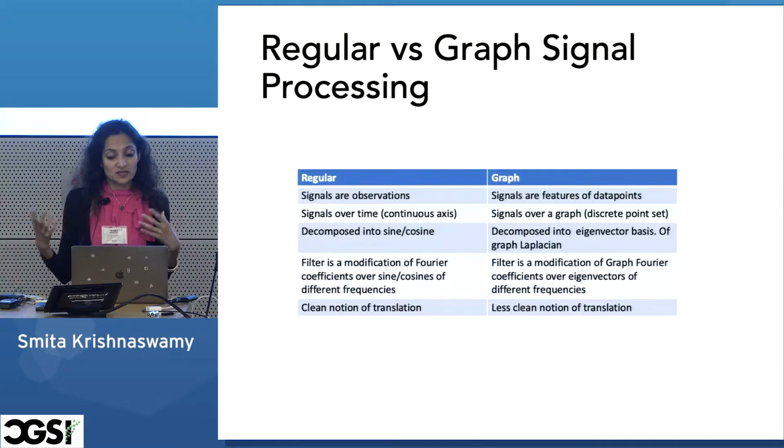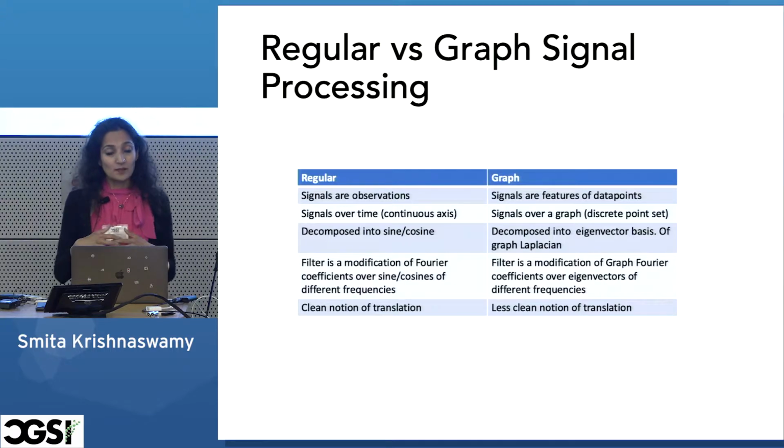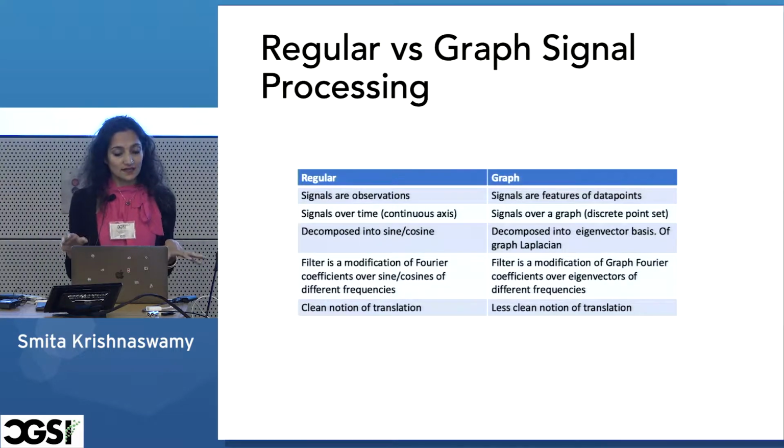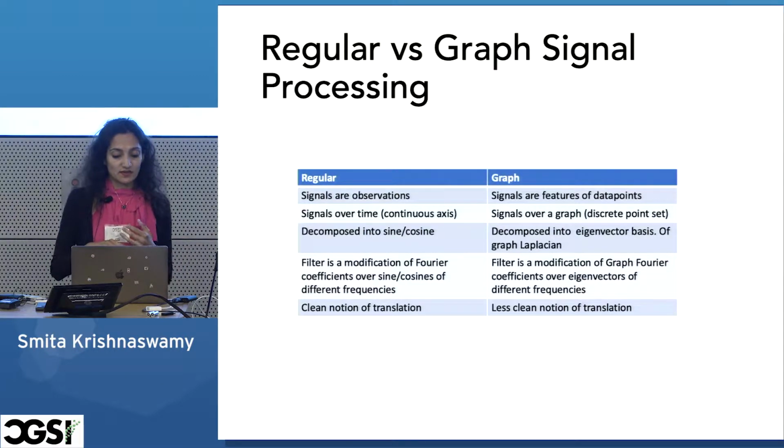There you would decompose into sines and cosines, but here you're decomposing into eigenvector bases of the graph Laplacian or equivalently the diffusion operator. Filtering a signal on a graph is modification of the Fourier domain. So if you have a low-pass filter, which usually gets rid of noise, you can do the same thing: you can get rid of noise using low-pass filters on graph harmonics.